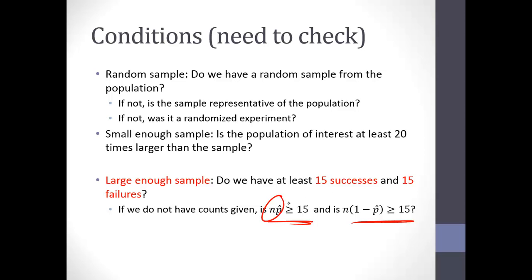Here this is my number of successes, and this is my number of failures, again generically using the terms success and failure. Okay, so that's all review still from last time. Any questions or comments before we jump into actually applying this, doing an example?